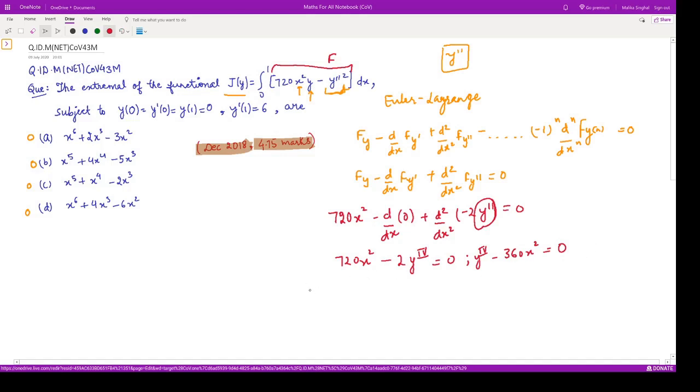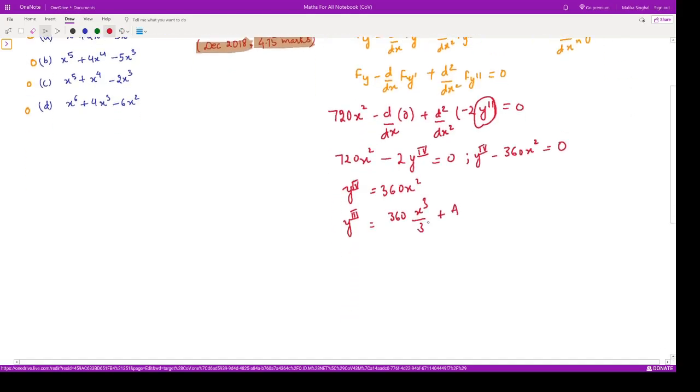So we have to integrate it. We can write it as the fourth derivative of y is equal to 360x². Let us integrate this. We have the third derivative of y equal to 360x³/3 plus a, where a is the constant of integration, so it would simply be 120x³ plus a.